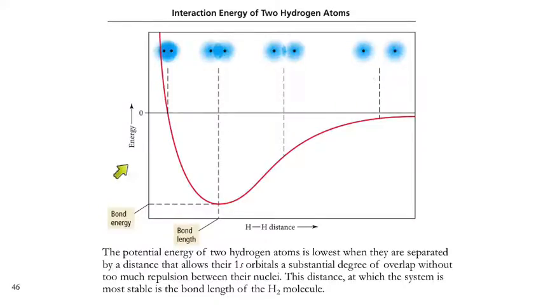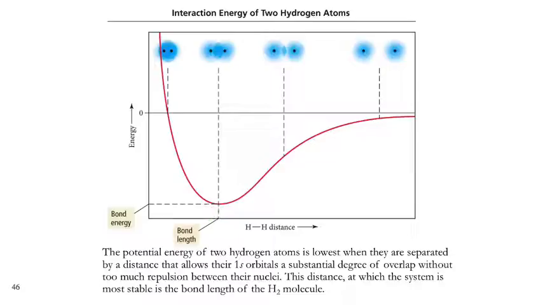So here we have a graph where energy is increasing positive, and remember, positive energy is unstable, more negative is more stable. So if you think of a ball rolling down this hill, where's it going to end up? It's going to end up down here, right? It'll settle down here, the lower energy.